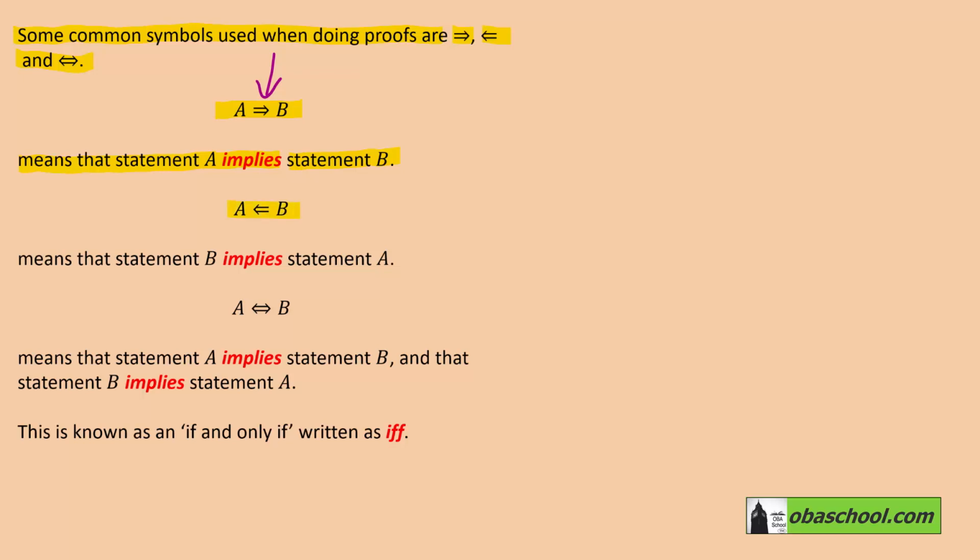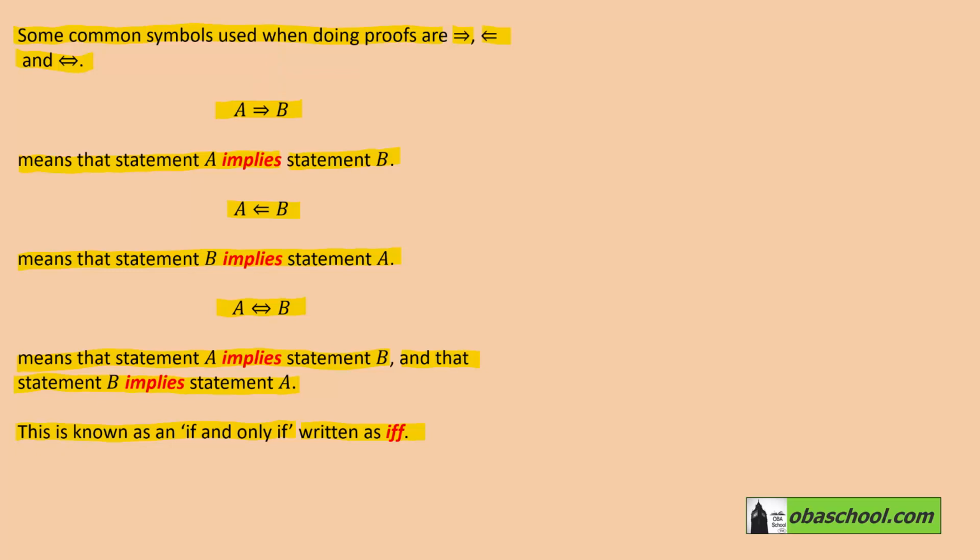The arrow going back the other way just means that statement B implies statement A. When we use the double-headed arrow, that means that statement A implies statement B, and that statement B implies statement A. This is known as an if and only if, and that's often written as just IFF.